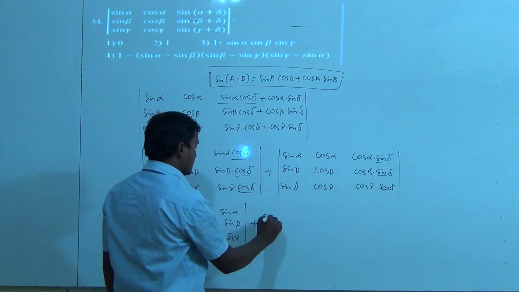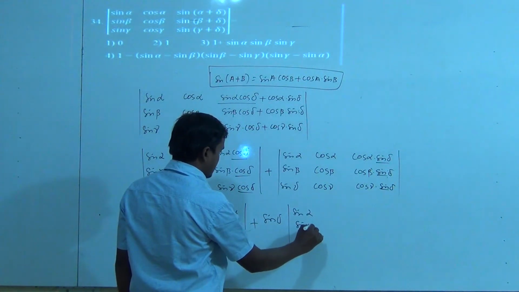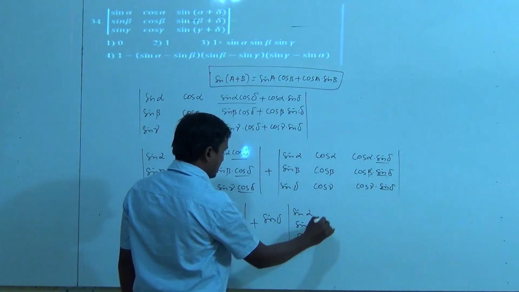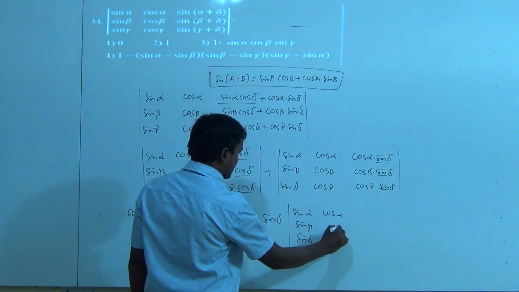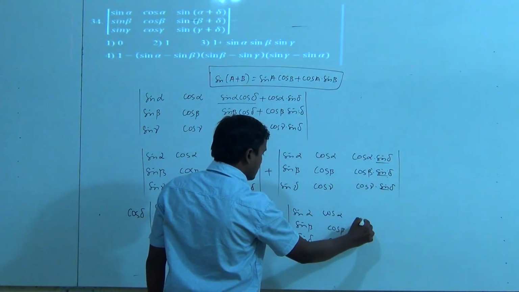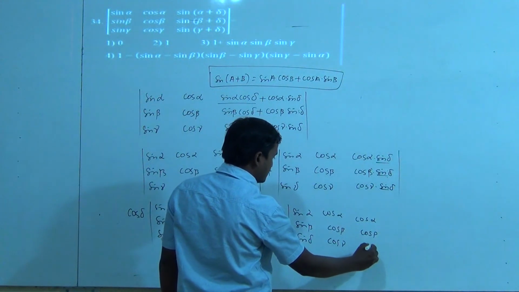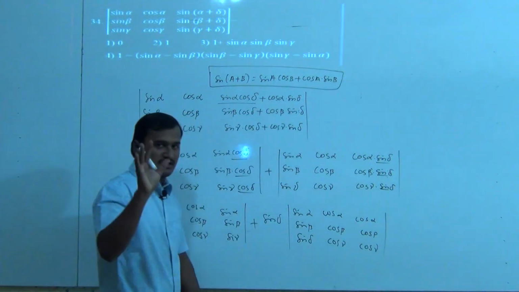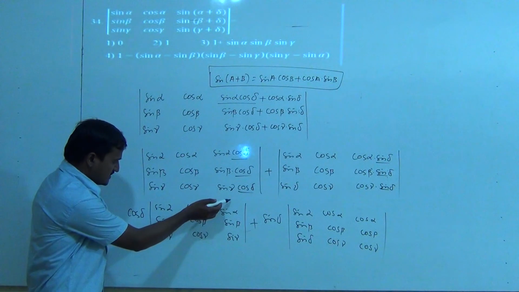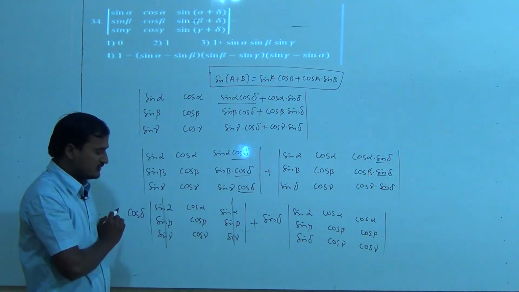So here what you are getting is sin delta, with sin alpha, sin beta, sin gamma, and cos alpha, cos beta, cos gamma. Now here you should observe this third column is identical with the first column.